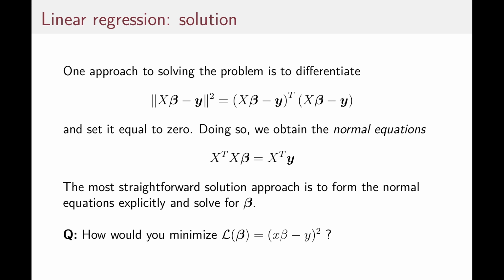There are of course other ways to do this. You can look at the references at the end of the presentation for more details, but you can compute the singular value decomposition, the QR decomposition. There's iterative methods, and an advantage of these is that you don't have to form the x transpose x, because that will make the numerics less stable. So there are more stable ways to solve this. In practice, to be honest, it doesn't matter that much for most data sets.